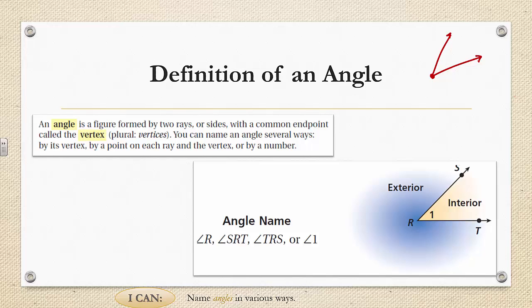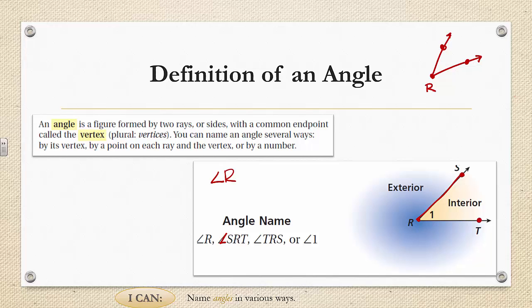And because this is a point, we name it with a capital letter. But to symbolize that this letter represents an angle, we use a symbol that kind of looks like an L. It has a flat bottom and then it points up. So that's angle R. Or we can also name it by other points on the ray. So if we look at this one down here, this first ray is RS, and then RT is another ray. So we can name it angle SRT.